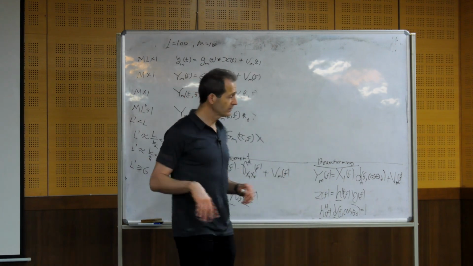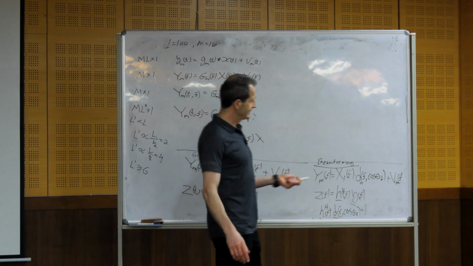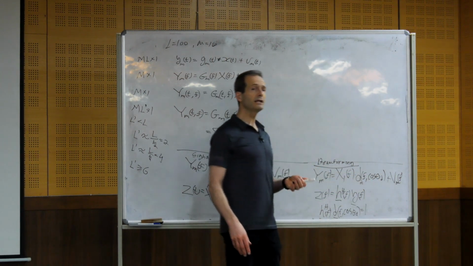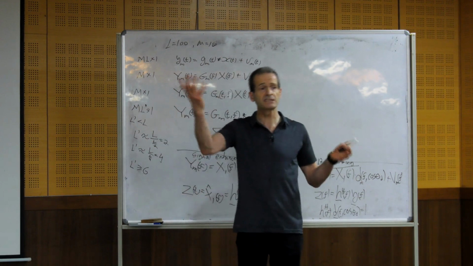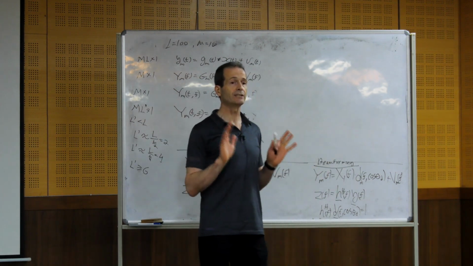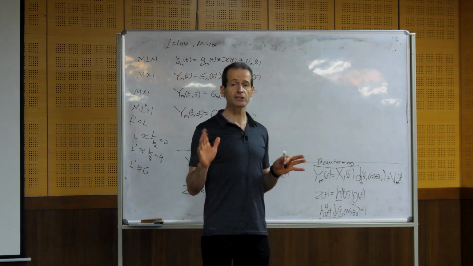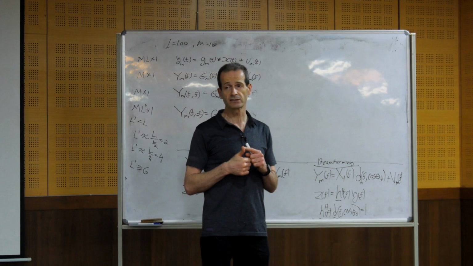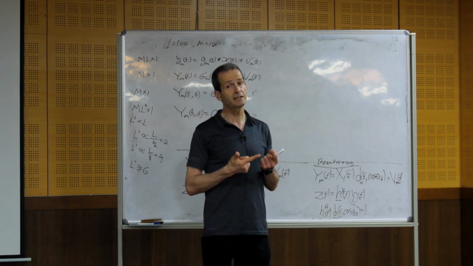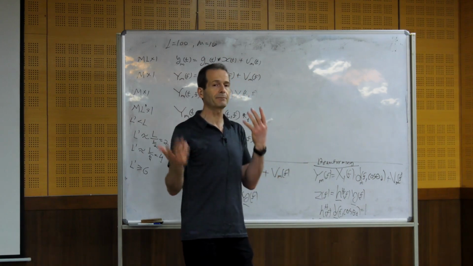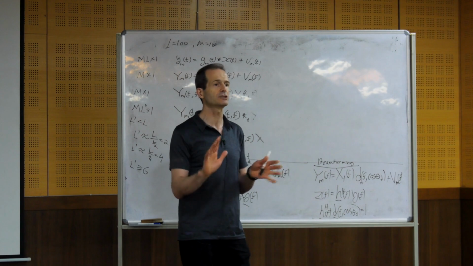I only know that the desired source comes from this direction, and maybe I have undesired interferences from certain directions. So I know only the direction of the desired source, and maybe directions of undesired interferences. But I don't know what type of noise, what is the statistic, correlation matrices, and so on.